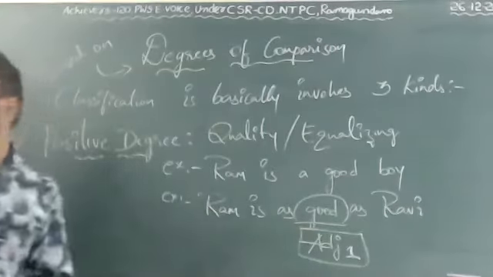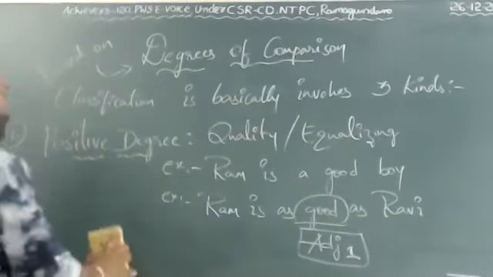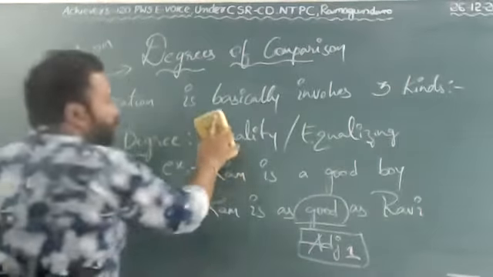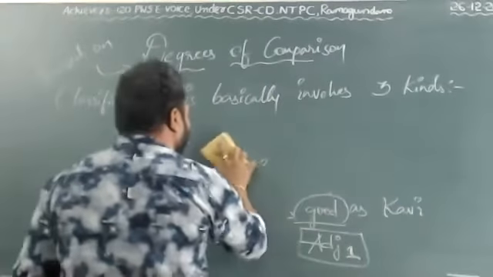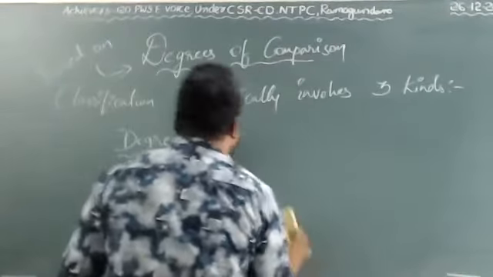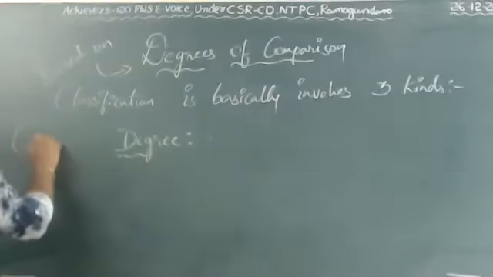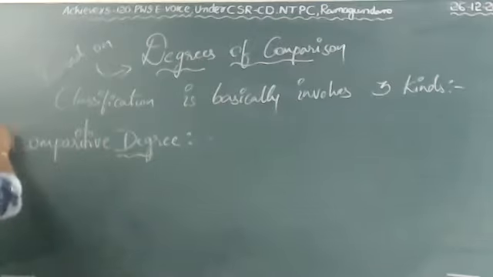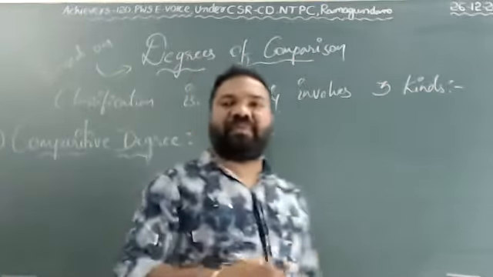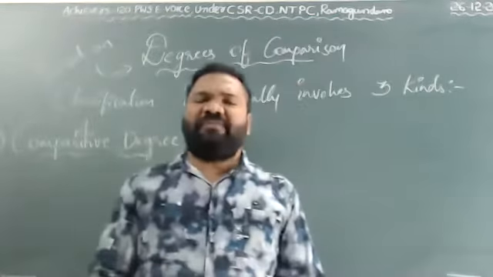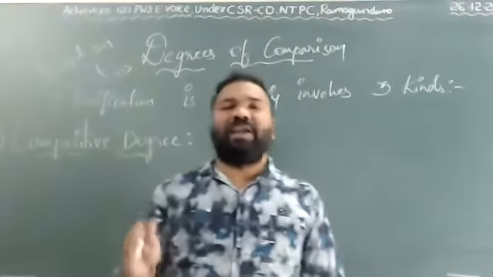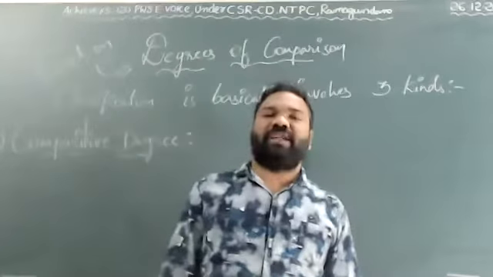Second one is comparative degree, students. If we talk about comparative degree, definitely two subjects, like persons or places or things, are compulsory. There is no single quality as we have seen in the positive degree.